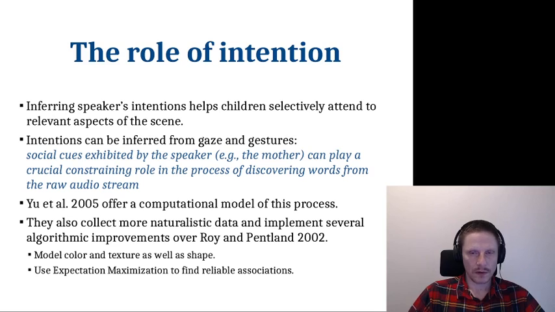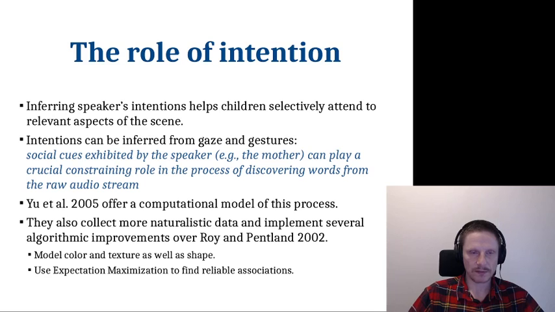There are a couple of differences in the setting. One difference is that the data collection is a bit more naturalistic. As far as I understand, they collect the data jointly for the two modalities. There are participants who talk about some particular objects and manipulate them, and they record this together with information about the speaker's gaze and gestures.